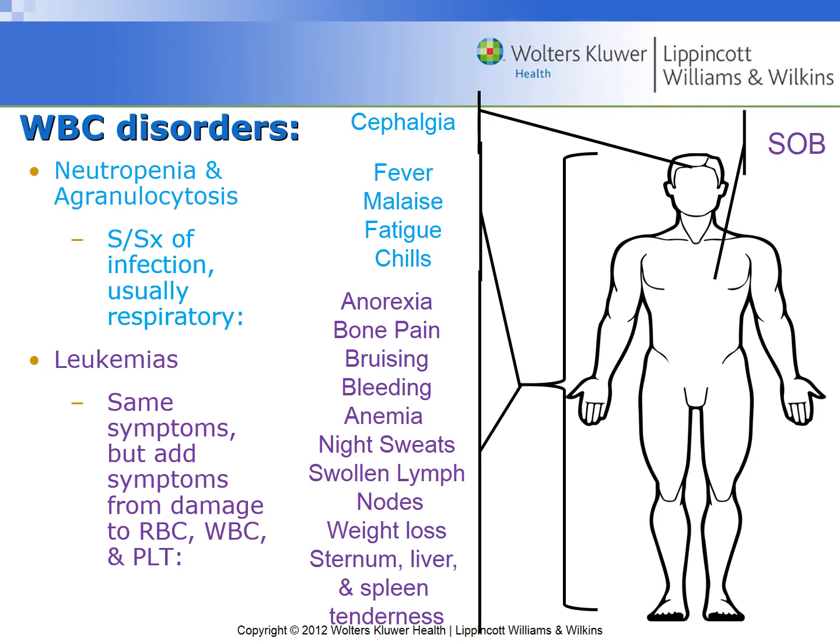Bone pain. So would bone pain be from the bone marrow trying to up production of white blood cells? Right? Bruising and bleeding from damage to the platelets. Anemia from damage to red blood cell production. So we're seeing where these pieces all tie together. It's the puzzles, my friends. I love this stuff.